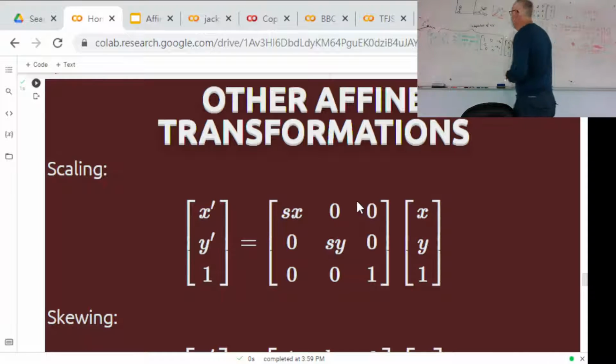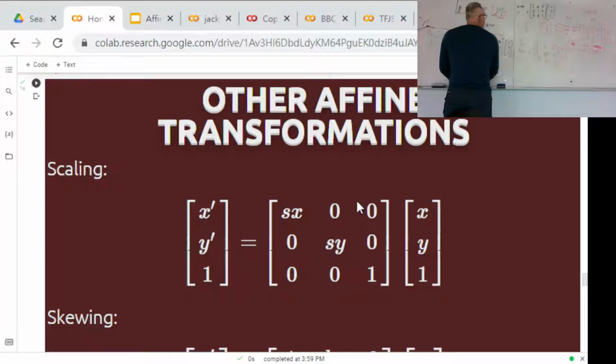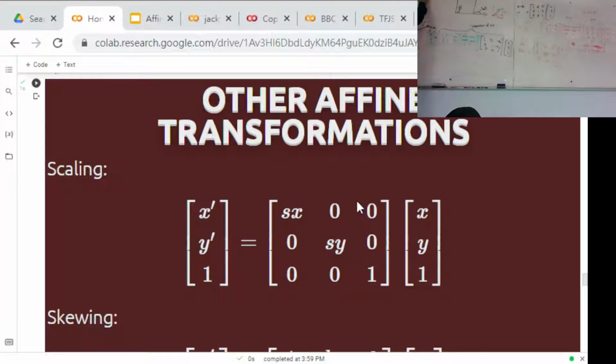For the skew, there are two versions. 1, 0, 0, ky, 1, 0, 0, 0, 1 is the other one. This will skew along x, and this value here will be skew along y.